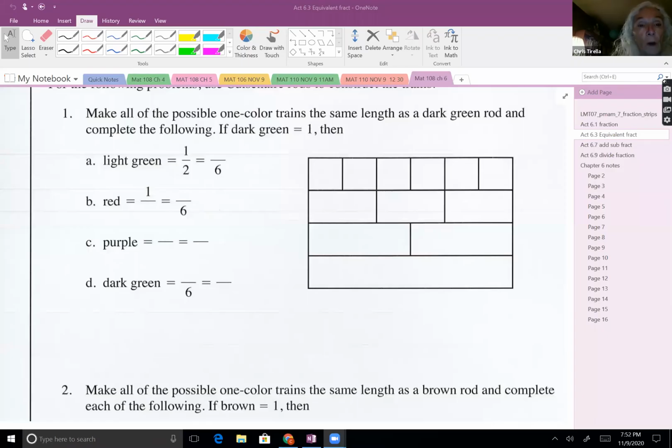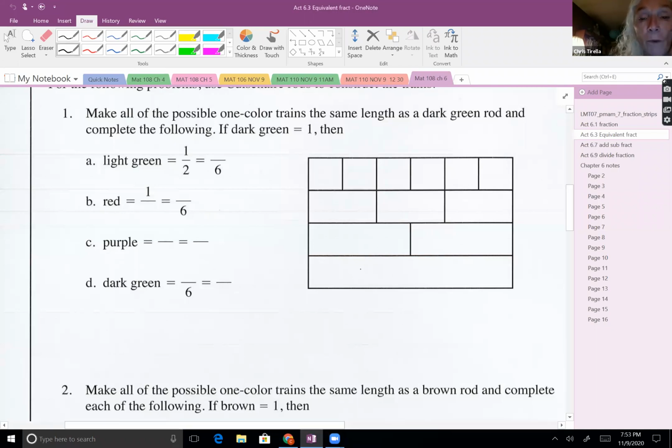I am an epic failure at working with those virtual rods. I can't get them to rotate and stand up straight, so I'm going to just write on this picture here. They had asked us to stack them.